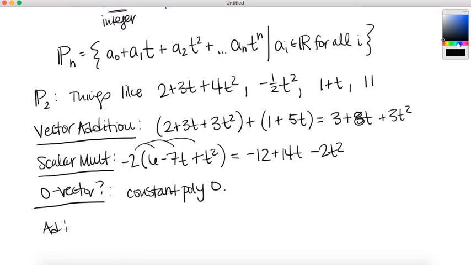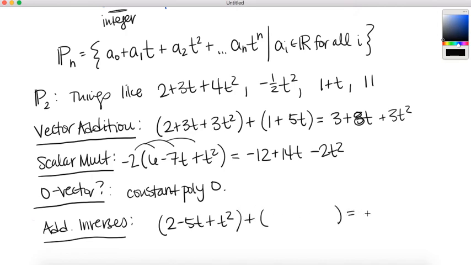And we can also talk about additive inverses. So if I have, say, 2 minus 5t plus t squared, the additive inverse is what I add to it to get back to 0, and it's going to be what we expect. How do we undo that? 2 with a -2. We undo that with the opposite sign, 5t. So if we call this u, then this is just literally u scaled by a minus sign.